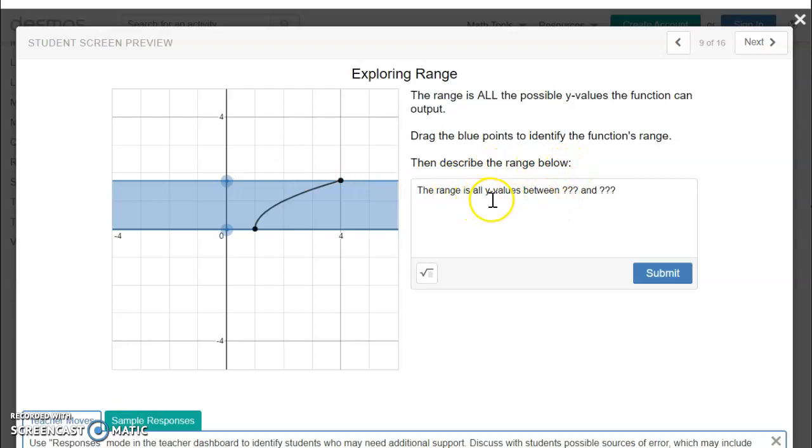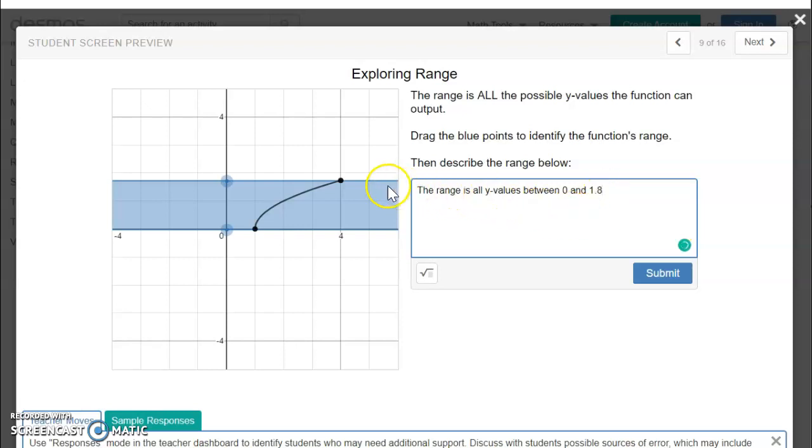What is the range? Remember, we're talking about the y values, all possible y values. Looking at the y-axis, it extends from 0 to a y value here that is a little under 2, isn't it? So I am going to say it extends from 0 to a little under 2, let's say 1.8.